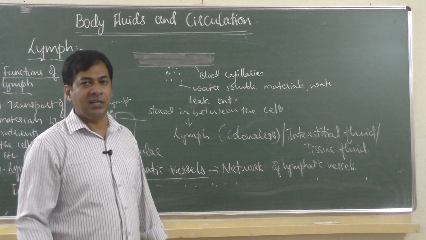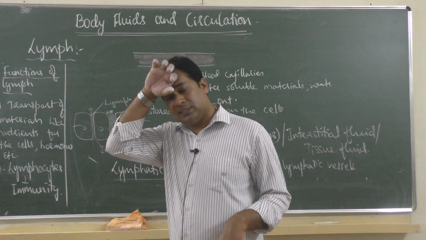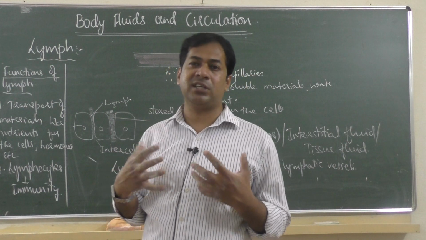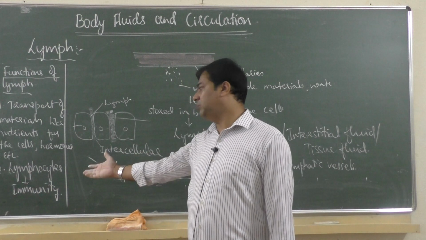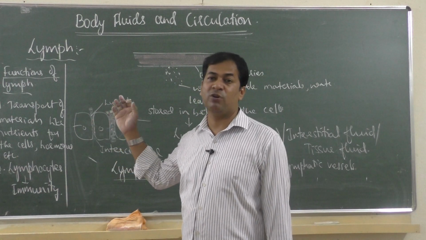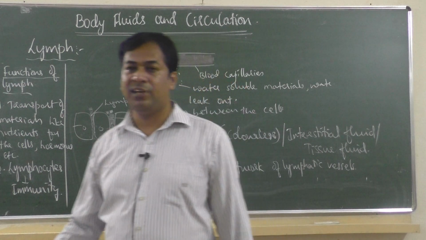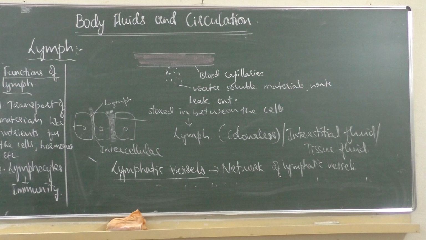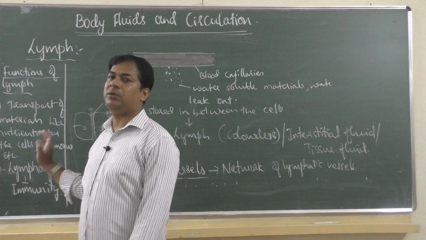We have immunity, we don't get diseases easily because our body has a defense mechanism. We can protect ourselves. For that, lymphocytes are required. The name itself says lymphocytes. Special type of lymph cells, or lymphocytes, are produced, which give immunity. So it is very important for transportation of material and for providing immunity.